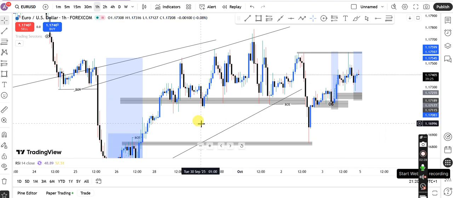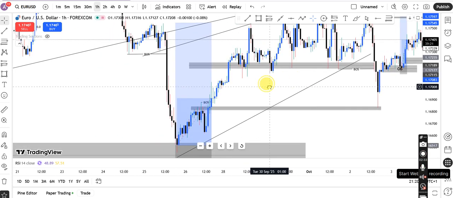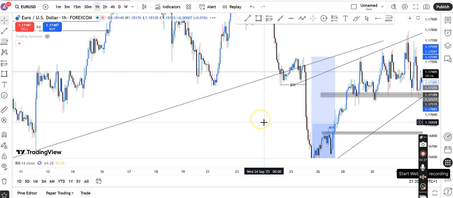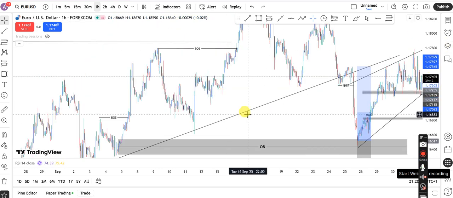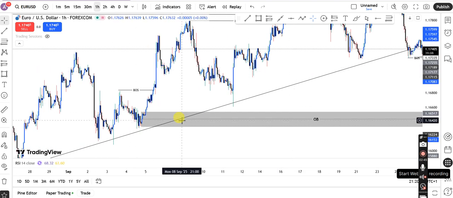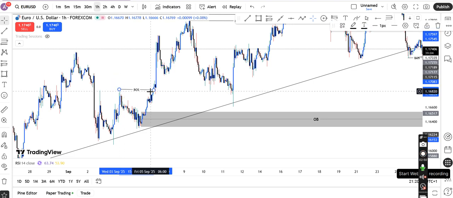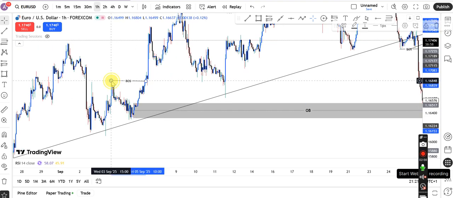So I'll just show you one opportunity that was available this week. If I just narrow down on the 1 hour time frame, you'd see that the market, before it went on the upside, there was a breaking structure here, and then we focus in terms of the origin of that breaking structure.